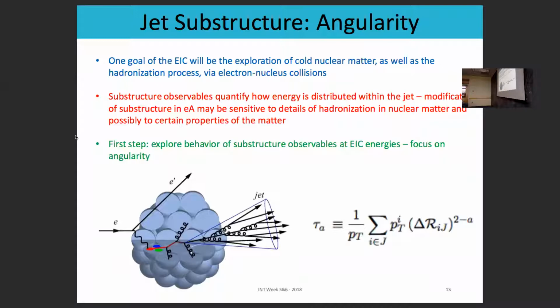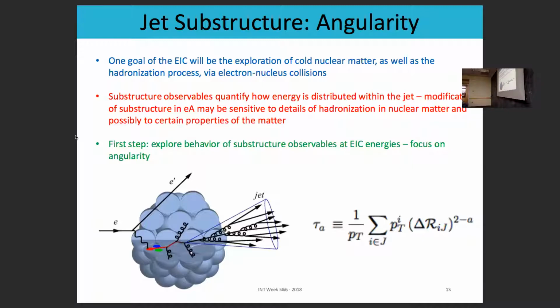All right, so on to the second major part of my talk. This is looking at jet substructure, specifically the angularity. One of the things we want to do with jets at an EIC is to explore the properties of cold nuclear matter. The idea is to look at how a parton moving through that matter radiates its energy.